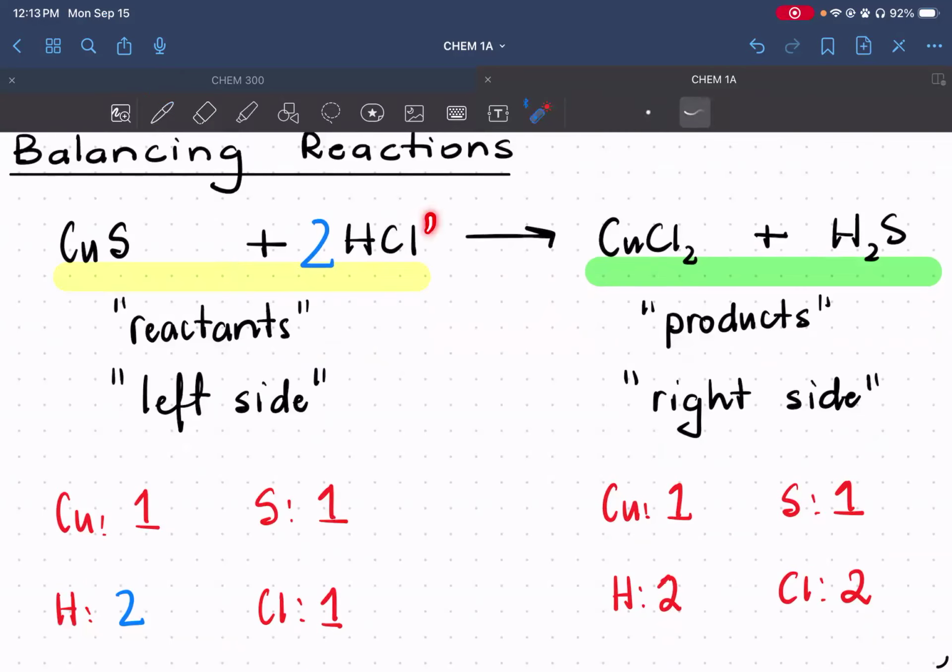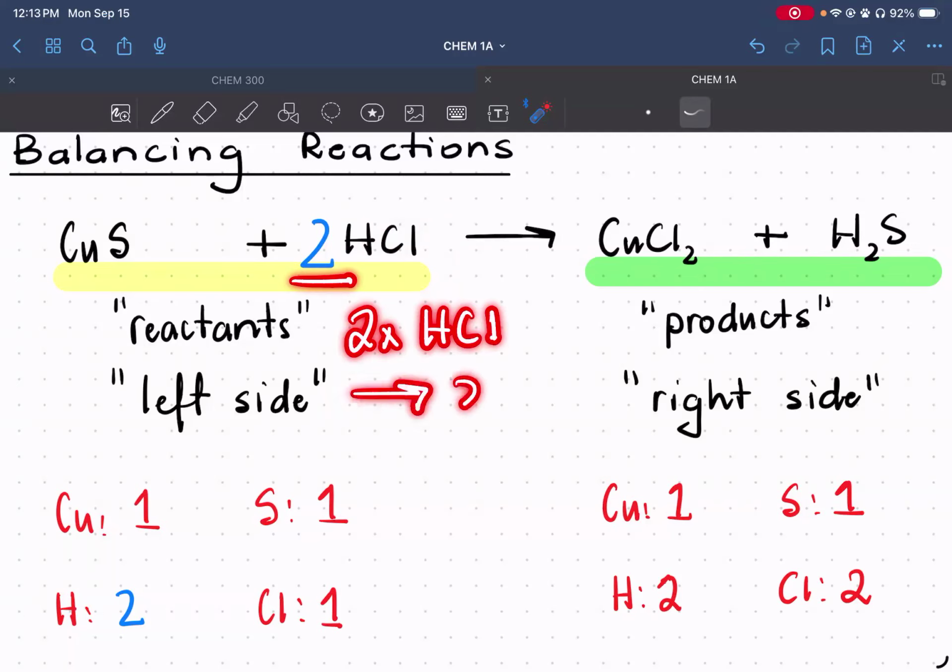Now let's take a look at the chlorine. Technically speaking, solely based on the circle, there is only 1 chlorine. But remember what we just did for the hydrogen. We put a 2 in front of it. And if this 2 is about balancing, what this is literally saying is that there are 2 hydrogen chlorides.